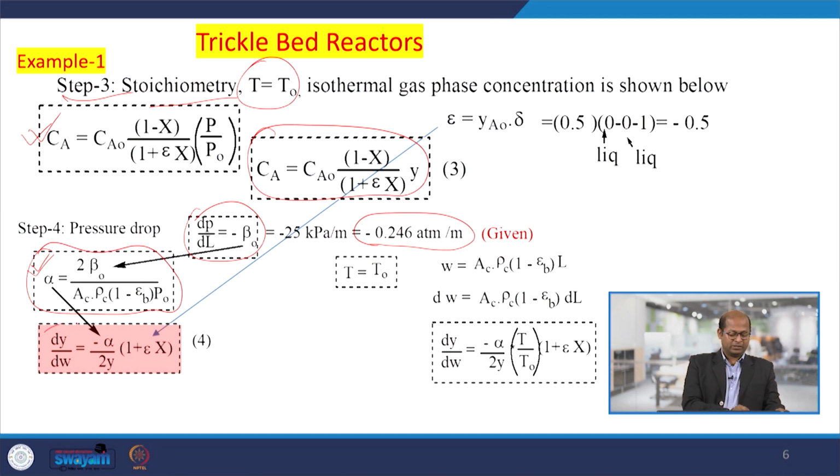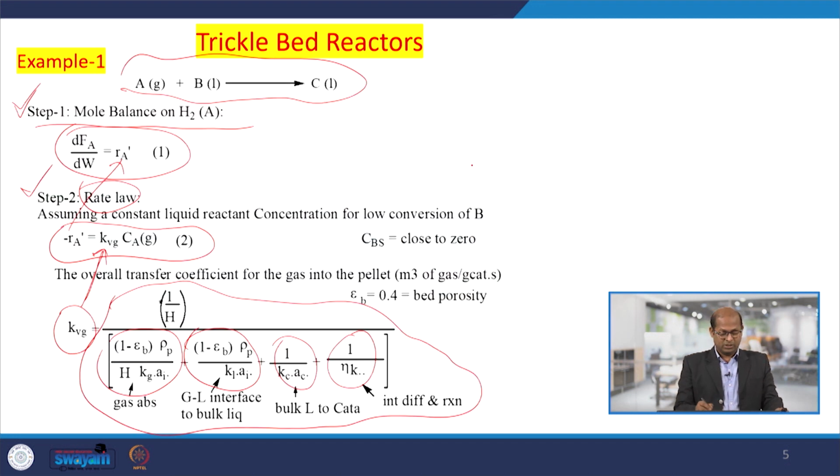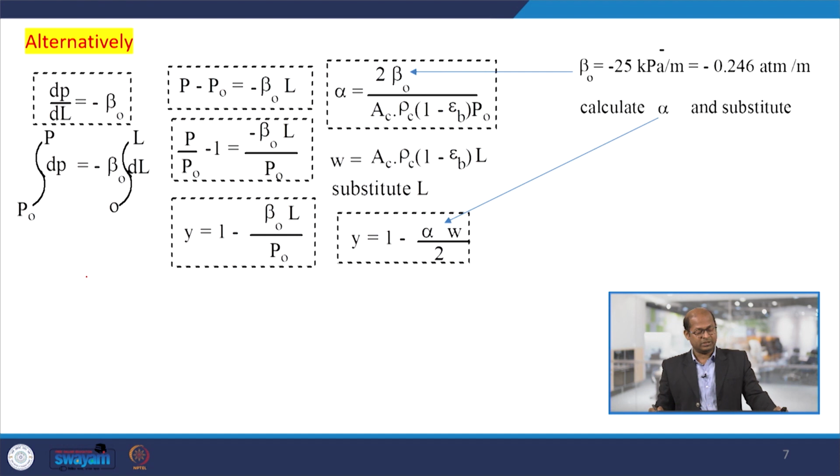This is the final equation, equation 4, giving the change of pressure inside the reactor with the catalyst weight. We have to use these equations, and now we have to find the kVg value by using different correlations.